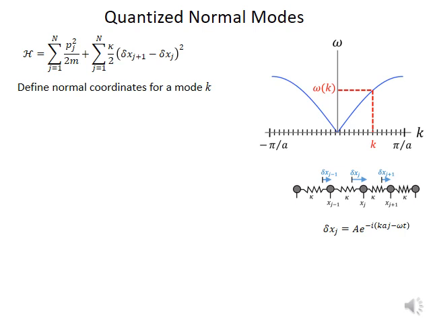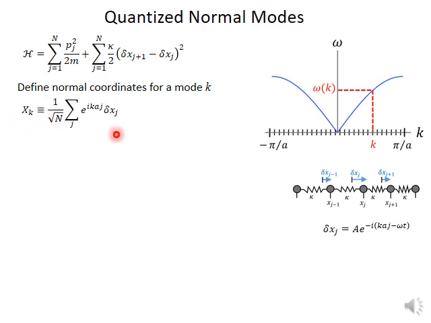If I take a particular K, this atom would be displaced by some magnitude, and similarly all the atoms might be displaced differently using this mode. What I can do is combine all those displacements to make a normal coordinate, and using the normal coordinate I can represent just the net displacement of this particular mode K.